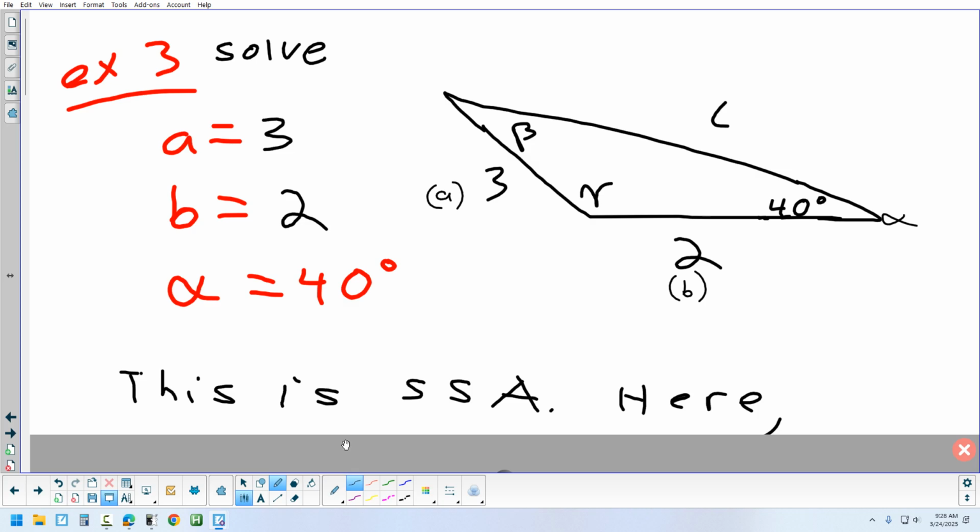All right, so now what can happen with side-side angle? Well, it could end up being a regular problem. And when we solve for what we don't know, which is the C, the beta, and the gamma, so when we solve for the three things that are underlined, we just get one solution, like the last two problems.